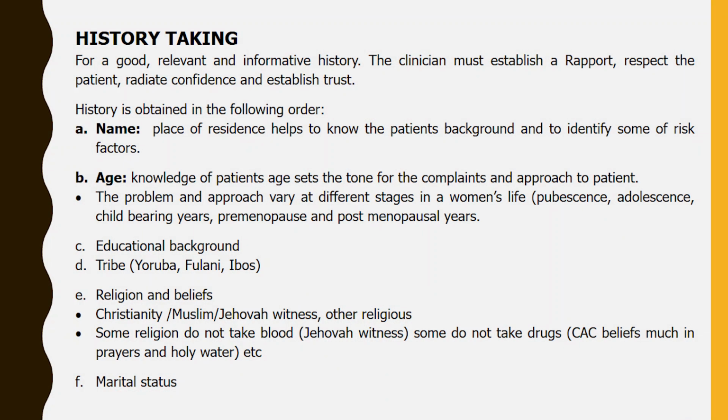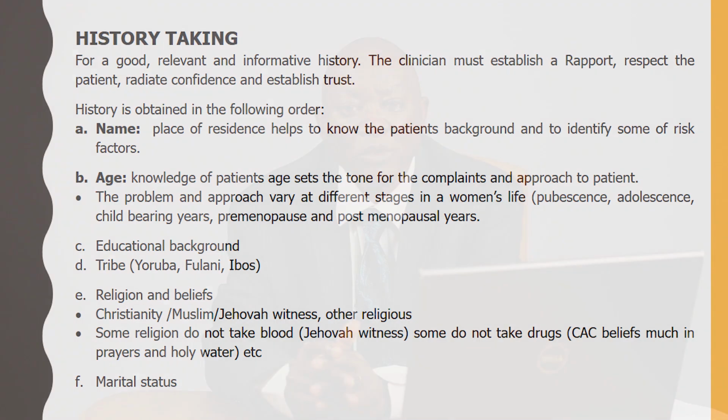We need to have an idea of the age, so one needs to ask for the age of the patient, because there are age-specific diseases, and there are variations from puberty to adolescent to young age to childbearing years, premenopausal and menopausal years.